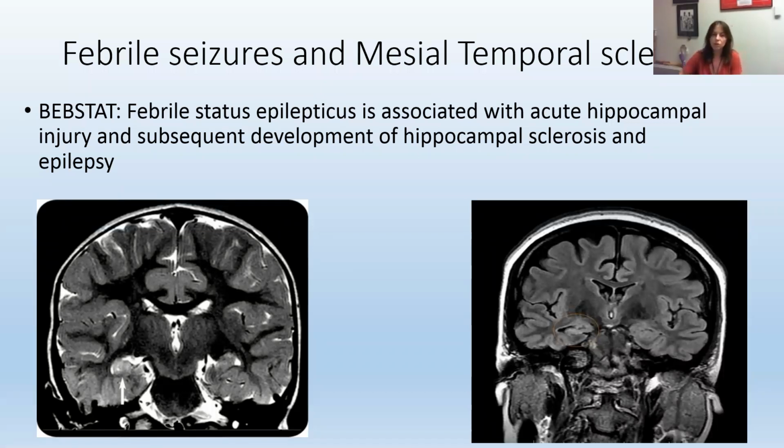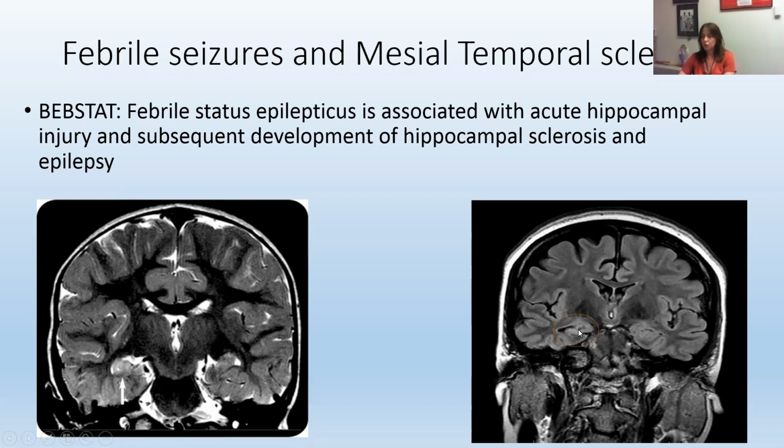And what they showed was that about 22 children out of 220, about 12%, showed acutely an edema in their hippocampus with T2 hyperintensity. So this is an edema. And over a year, a majority of them evolved into what we call hippocampal sclerosis, where there's actually atrophy of the hippocampus.